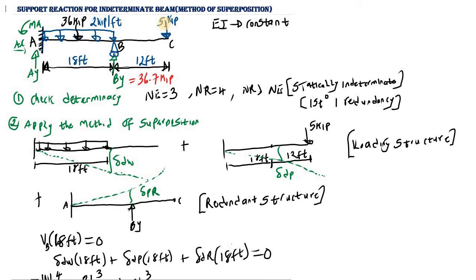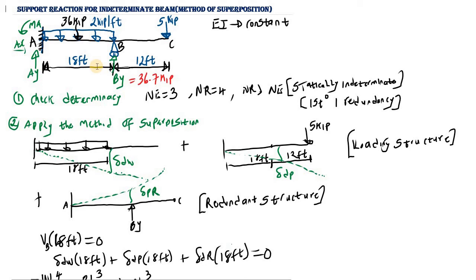If we apply a force of 5 kip, relative to point A, it is going to try to rotate this beam in the clockwise direction. So we're going to have a negative value, and the distance is 30 feet. That is the distance from the 5 kip force to the fixed support.